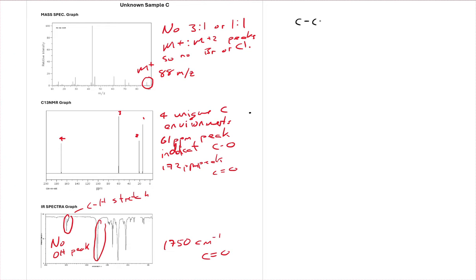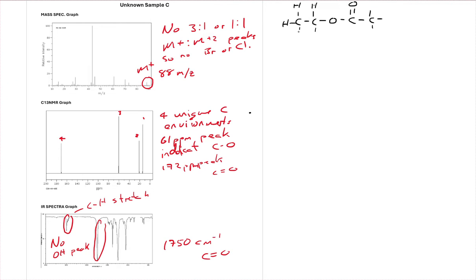The only way we're going to do that is if we bond this oxygen to another carbon atom, and the only functional group that meets this requirement is an ester. I need at least 4 carbons and 2 oxygens, and now we've got the associated hydrogens.